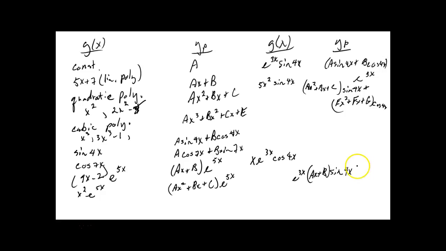They did cosine first, but it doesn't matter. Plus (cx plus e) cosine 4x. They did the cosine first and the sine second.